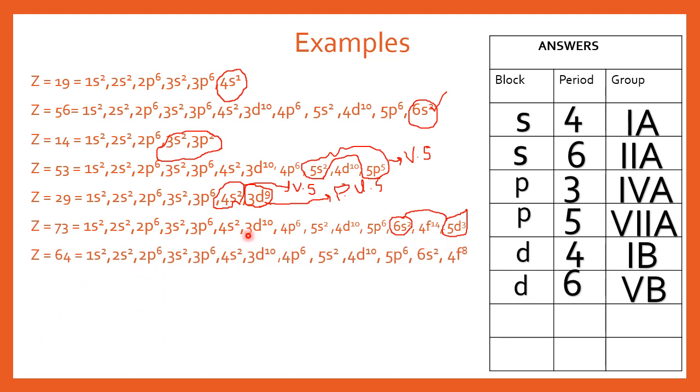Coming to the next example, we have an element whose atomic number is 64. Again the electronic configuration series is placed here. Here you will see that the last electron is going to enter the f orbital. That's why this element belongs to the f block. And looking at the highest number, that is 6 here, this element is present in period number 6.